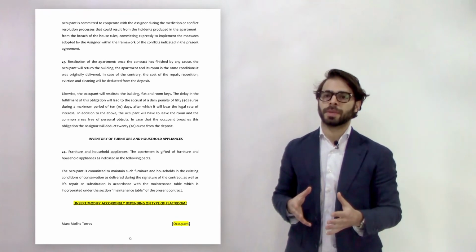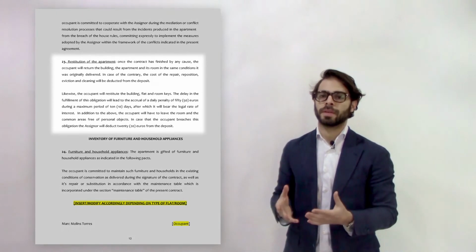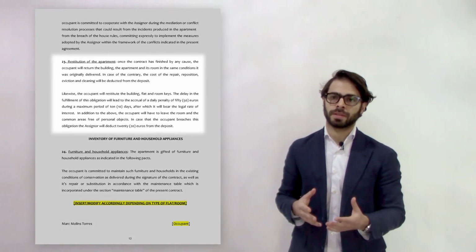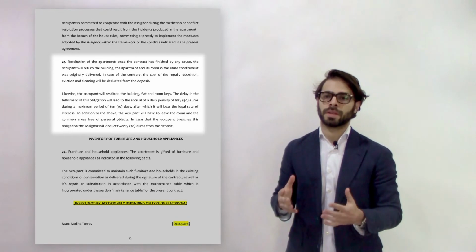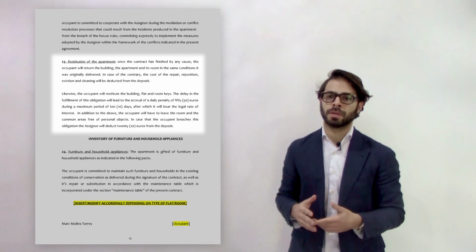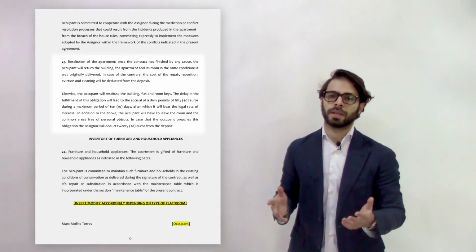Once the contract is terminated for whatever reason, you must give back the room and the apartment in the same conditions as it was when it was given to you. In case there is anything that is different because something has been broken or there's cleaning to be done, this will be allocated to the deposit.